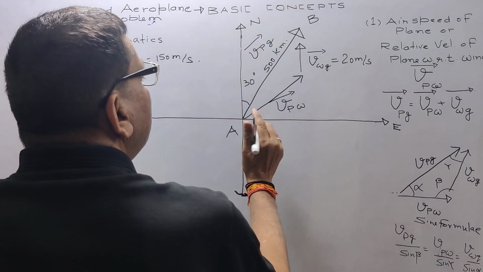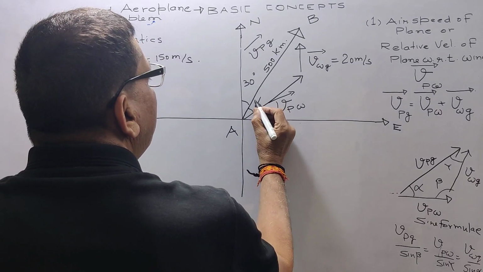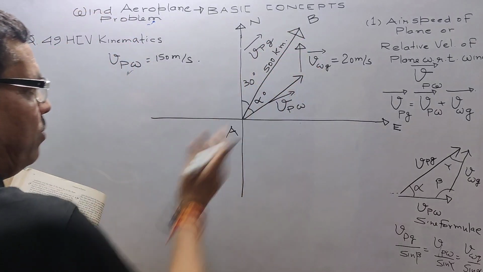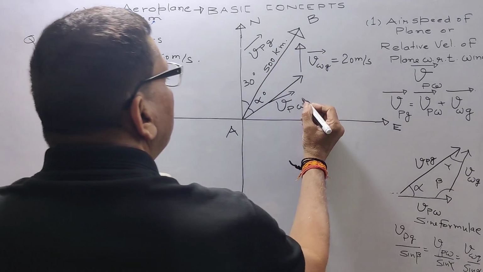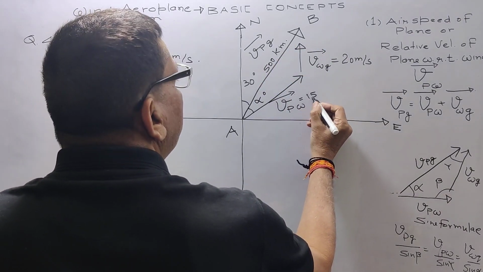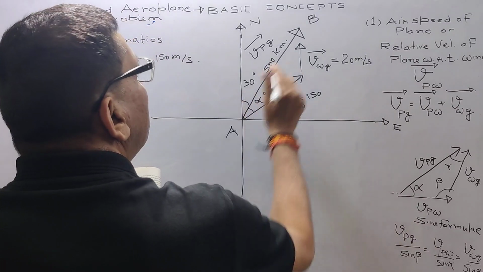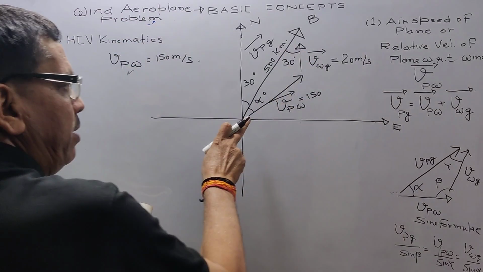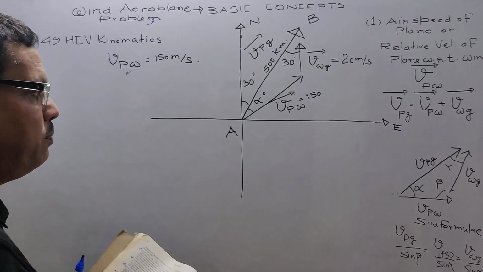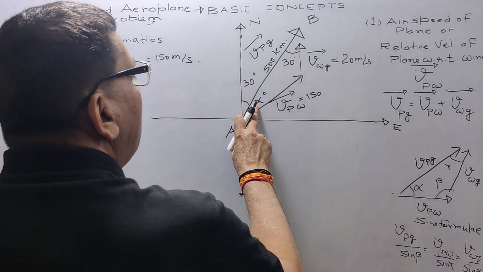Now this is 30 degree. Let us take alpha degree, east of AB. From this diagram you will observe this is 500 kilometer, VPW is 150 meter per second, and this angle is 30. The question is in which direction the pilot will take the plane, so I have to find out this alpha.